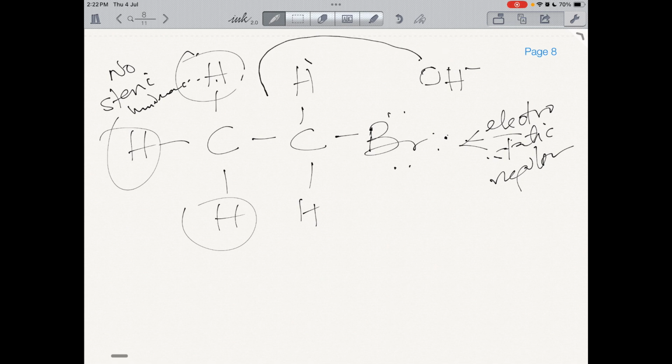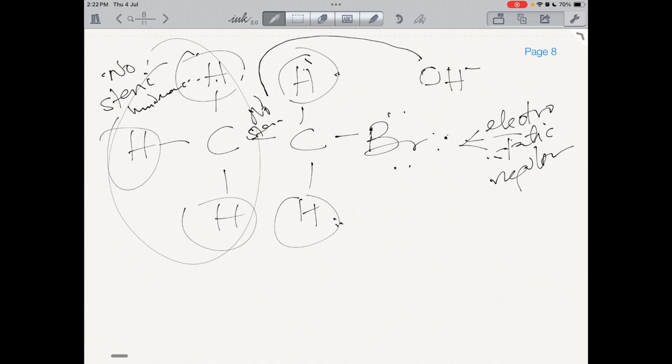This is the one I was referring to. If this was also methyl and this was methyl, there would be steric hindrance. But now, there is no steric hindrance.